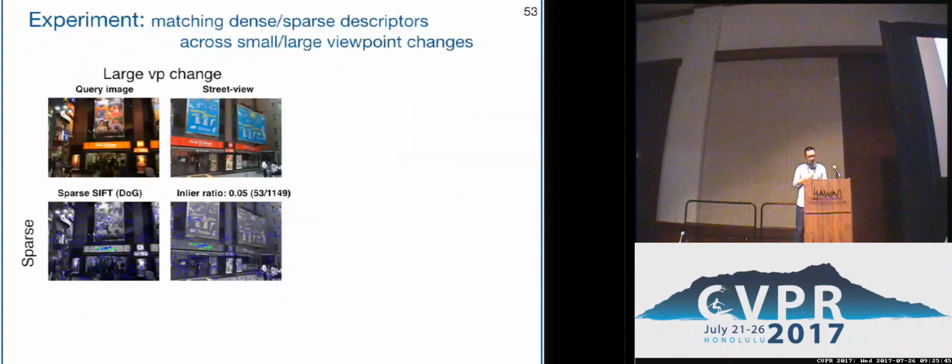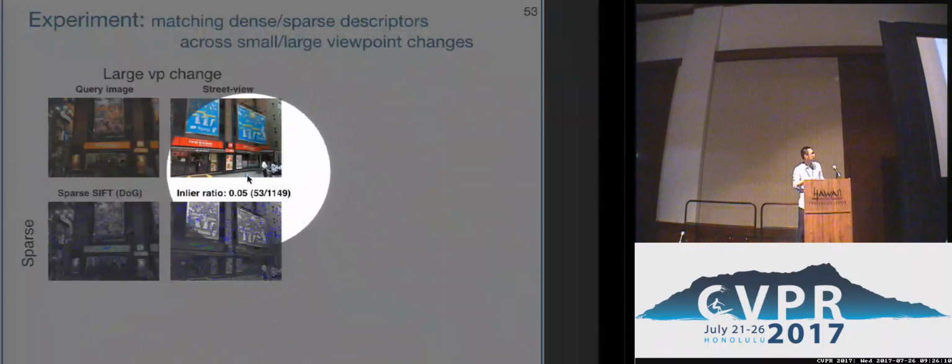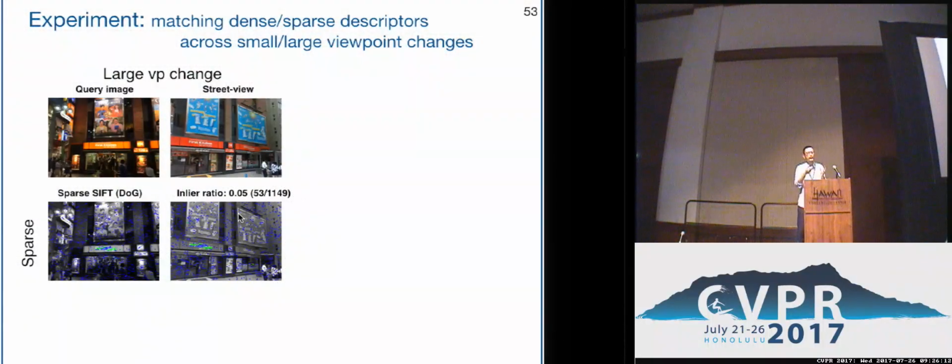So we tried a simple experiment. On the left is a query image, and on the right is a street view image. We run the standard feature matching with Lowe's ratio test, and we evaluate the number of inlier matches, which can indicate the difficulty or easiness of the image retrieval.